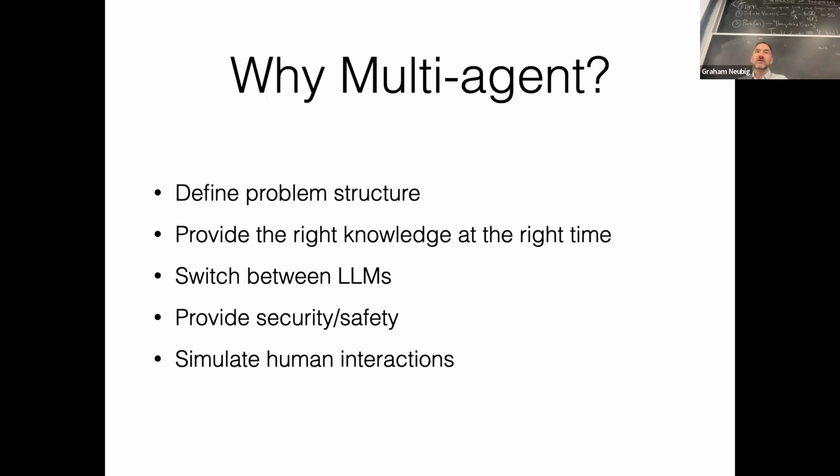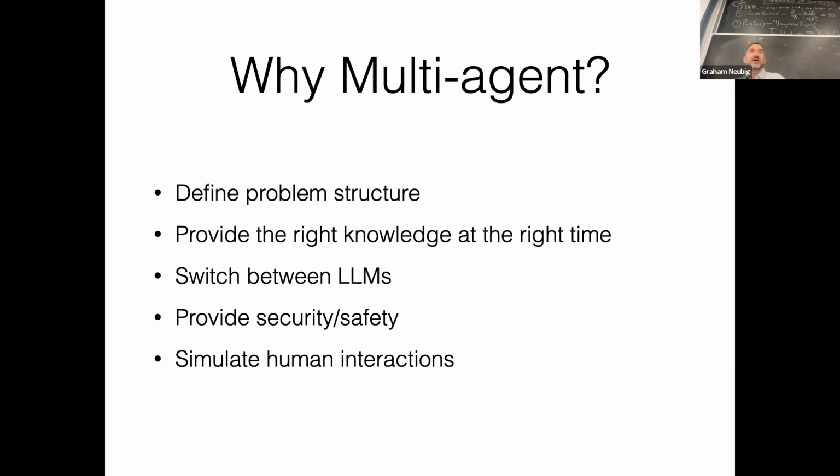So you could have the database access agent be the only one that has access to the database. And then your overall planning agent or task execution agent can make a request to the database agent. And then you somehow have security safeguards or other things like that. Like the database agent can't return the database credentials or something like this. So that would be another thing that you could do.